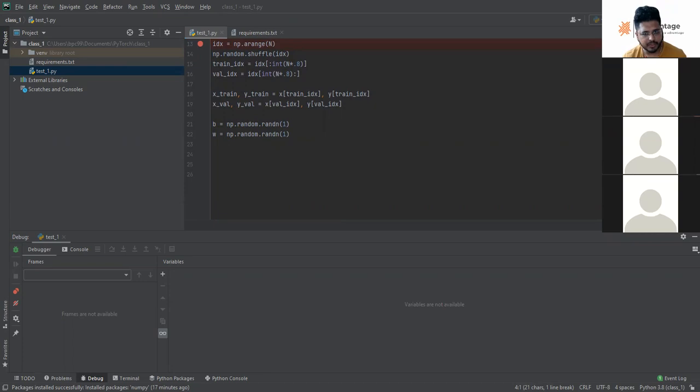Now we simply get the value of y hat: y hat is equal to B plus W times x train. We'll calculate the error now.